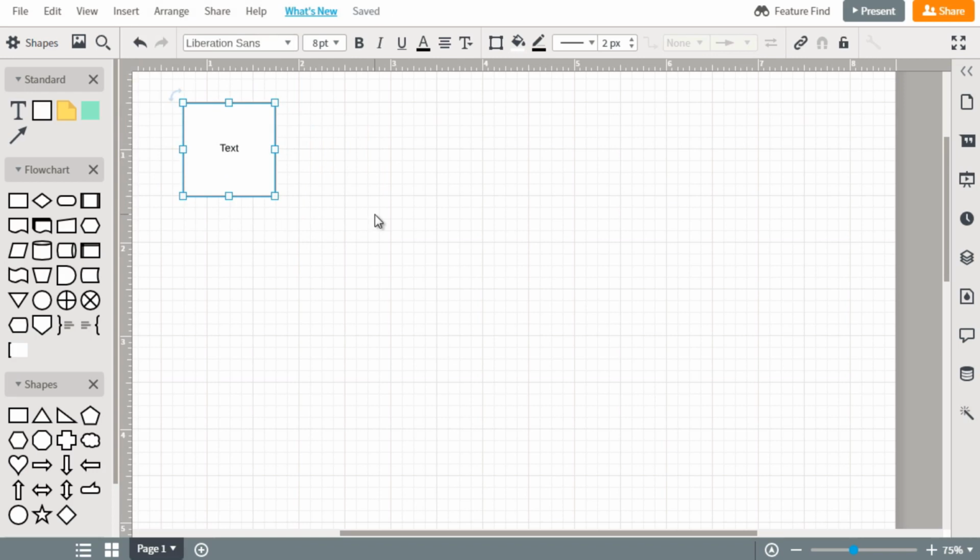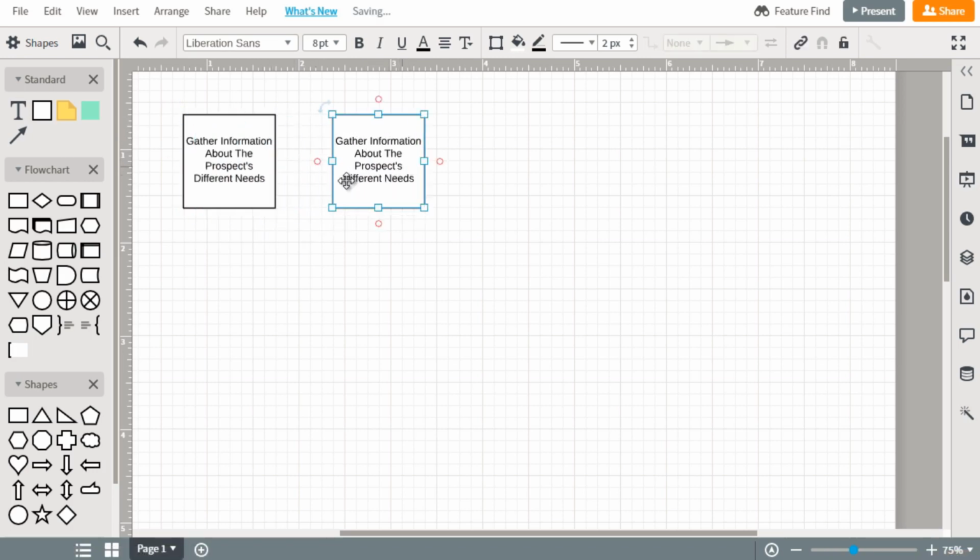Basically, first off, we need to gather data, right? So we'll just use this block as the gather data block. We need to gather information about the prospect's different needs. We'll do gather information, and this is how we're going to do it.